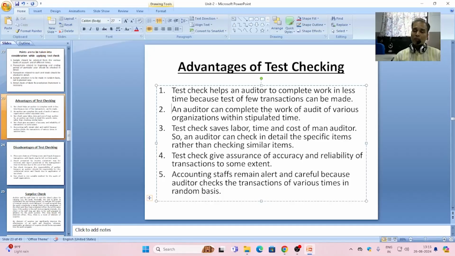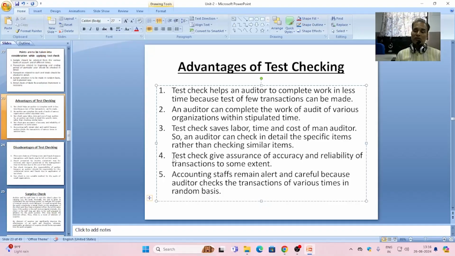An auditor can complete the work within the stipulated or fixed time, because test checking helps to save time. Third, test checking saves labor, time and cost of the main auditor. So an auditor can check in detail the specific items rather than checking similar items.